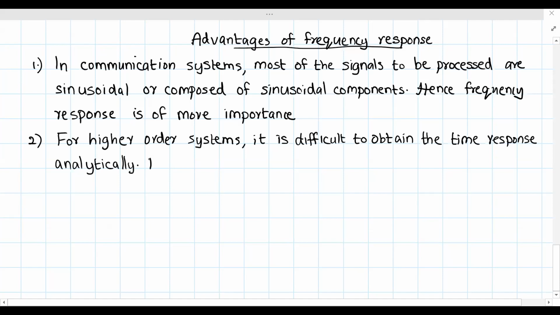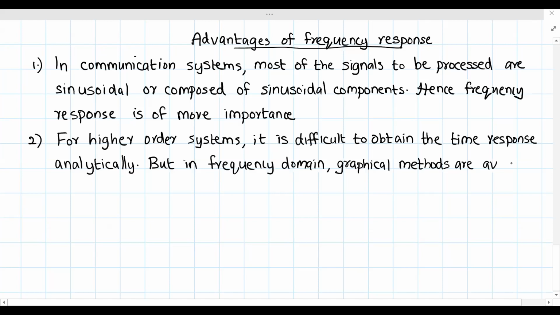But in frequency domain, graphical methods are available that are not limited to low order systems.